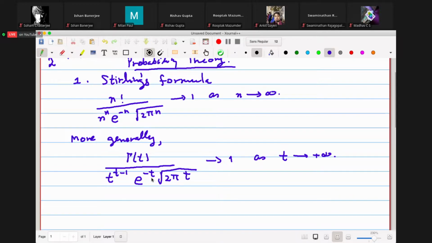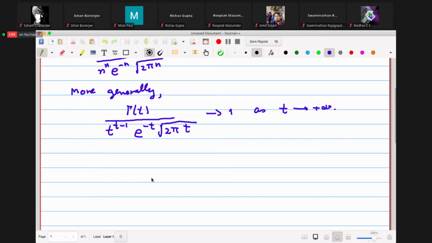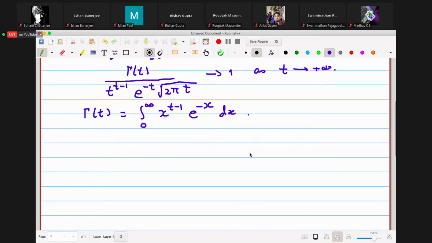Now, of course, recall gamma t is the integral from 0 to infinity of x power t minus 1 e power minus x dx. This is the gamma function. Okay. So we are going to prove this.